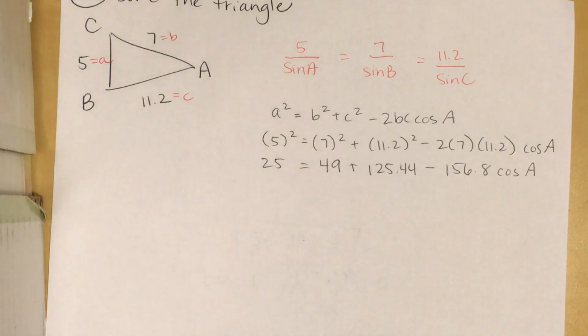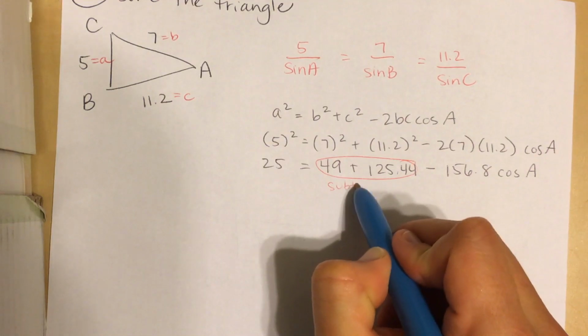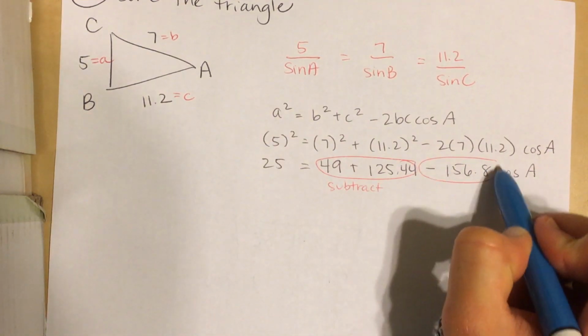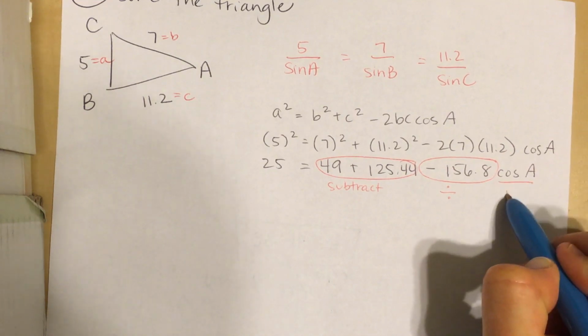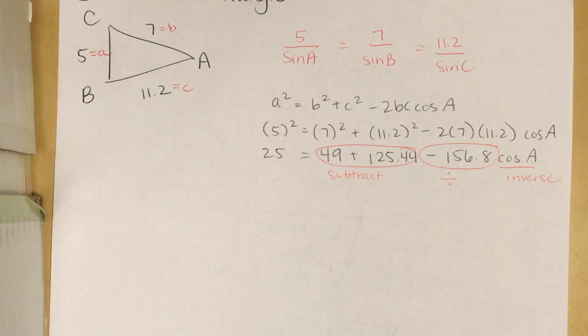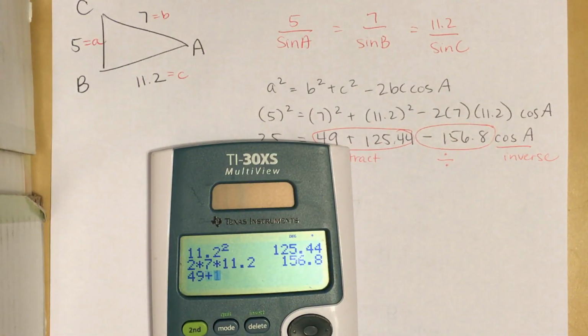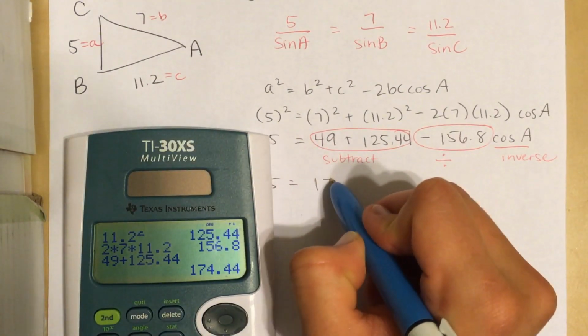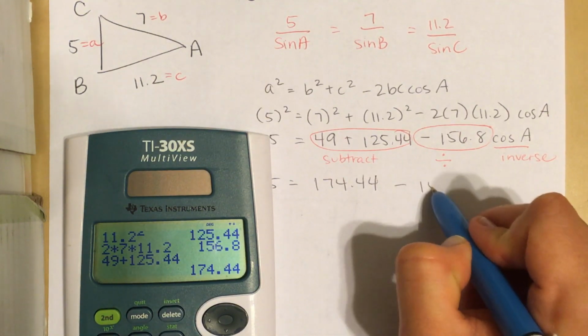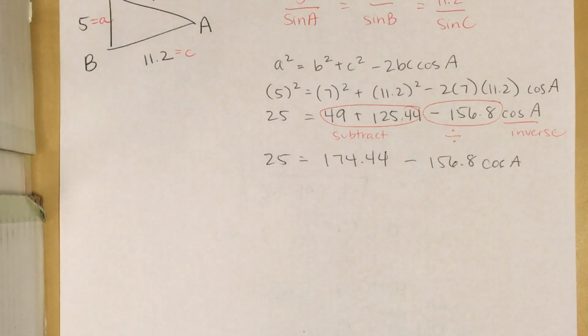All right, to solve for angle A, I need to subtract, divide, inverse. You can add the 49 and 125.44 together if you wanted to. Let's do that. But then it's still the same idea.